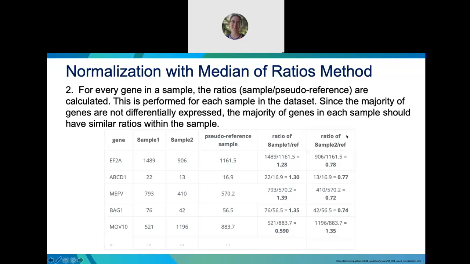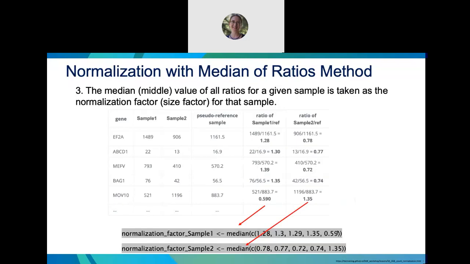Also, if we look at sample 2, the ratios of the first 4 genes are also pretty similar. They're all around 0.7, except for MOV10, which is 1.3. So in this step, we are sort of pulling out which genes seem like they're different from the other genes within a sample.